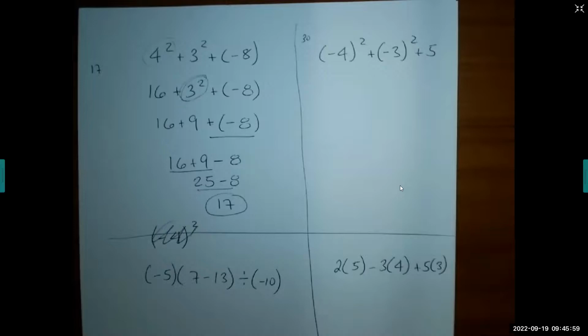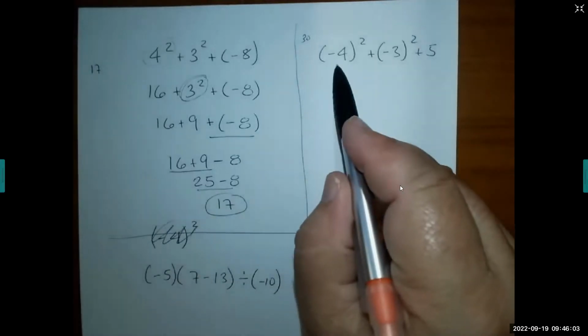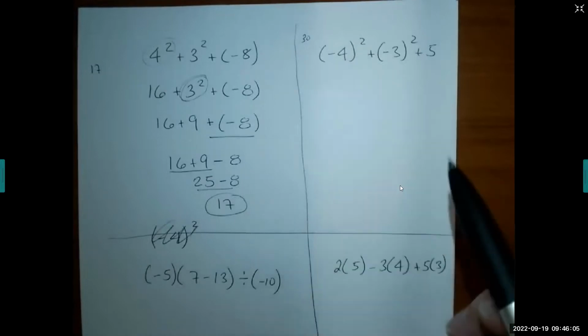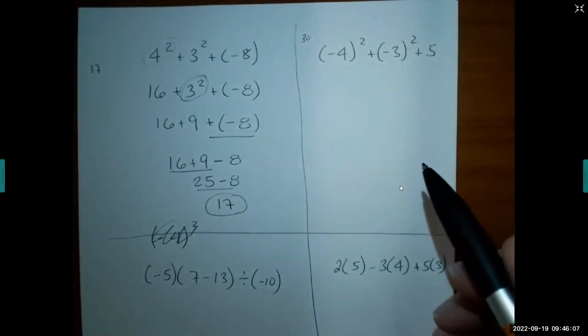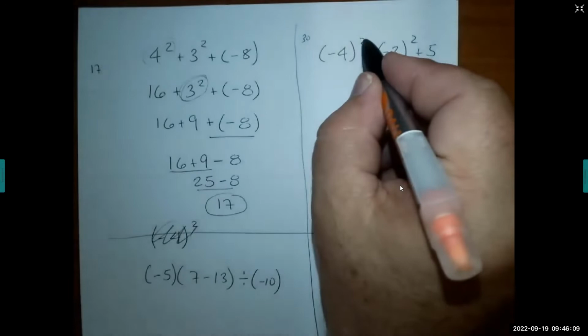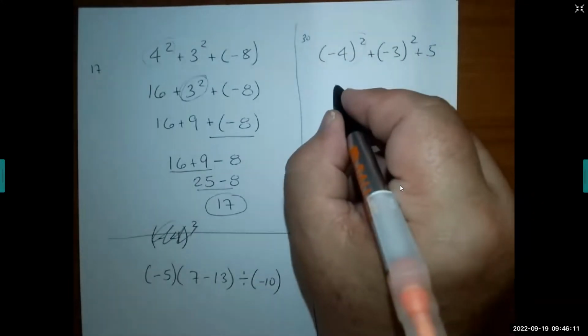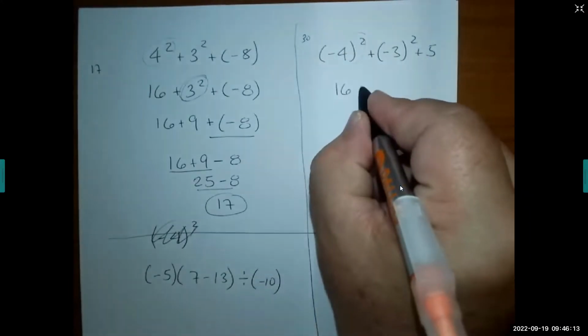All right, the next one. Left, right, special ops. -4 squared is what? Positive 16, because it's -4 times -4 is positive 16.